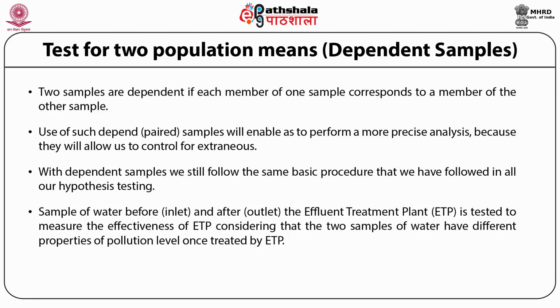If we want to test whether the two samples, the inlet sample and the outlet sample, are the same or different, then it is a two population means test for dependent samples, because the outlet water is dependent upon the inlet water. The pollution level of the outlet is dependent upon the inlet water.